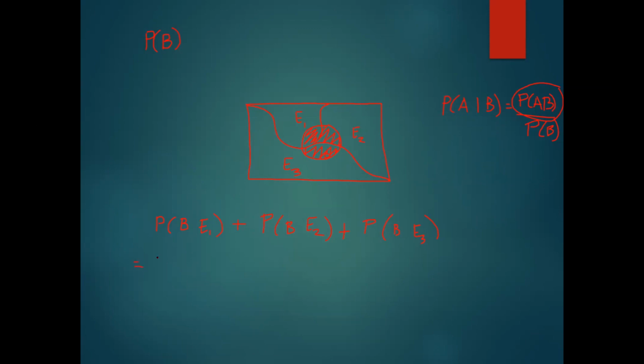So this will become probability of E1 times probability of B given E1. Pwede din actually nasabihin niyo probability of B times probability of E1 given B. Okay? Wala problema.